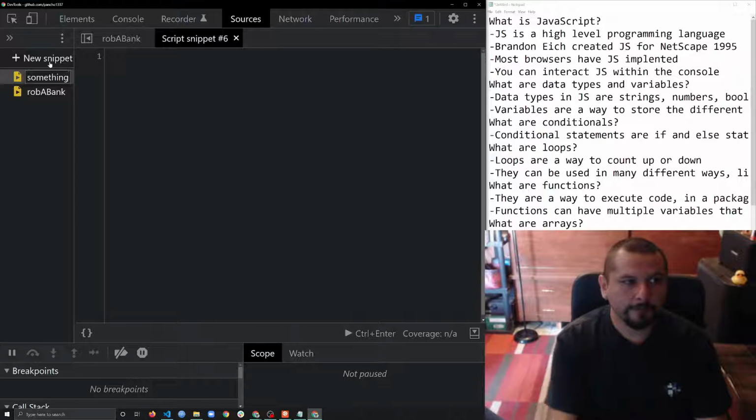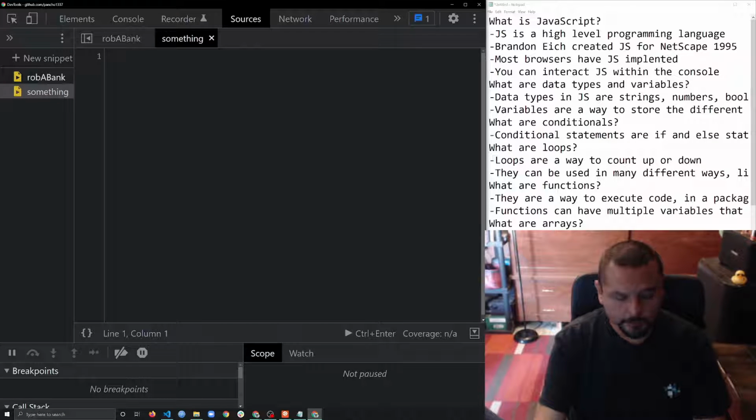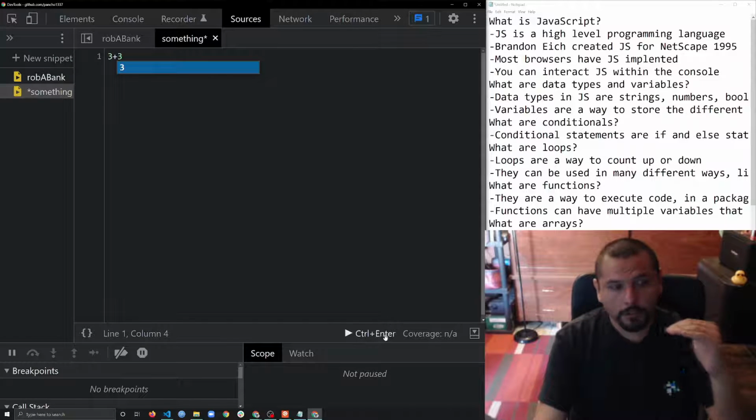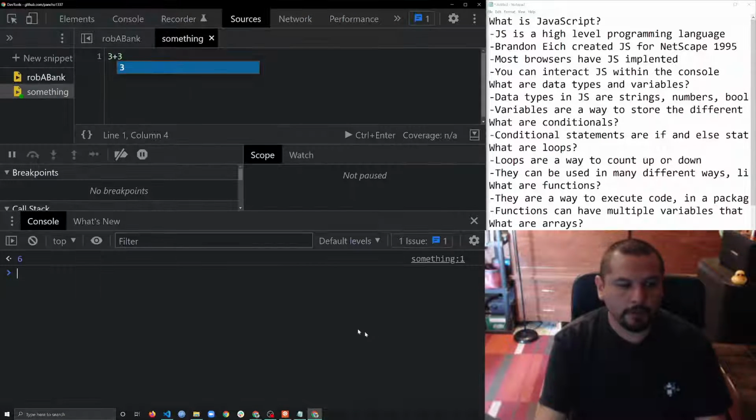And here you can write JavaScript, 3 plus 3. If you click this little play button on the bottom, it will run your code and give you the outcome on the bottom. When I clicked this little play button, control enter, it gave me the 6, right?